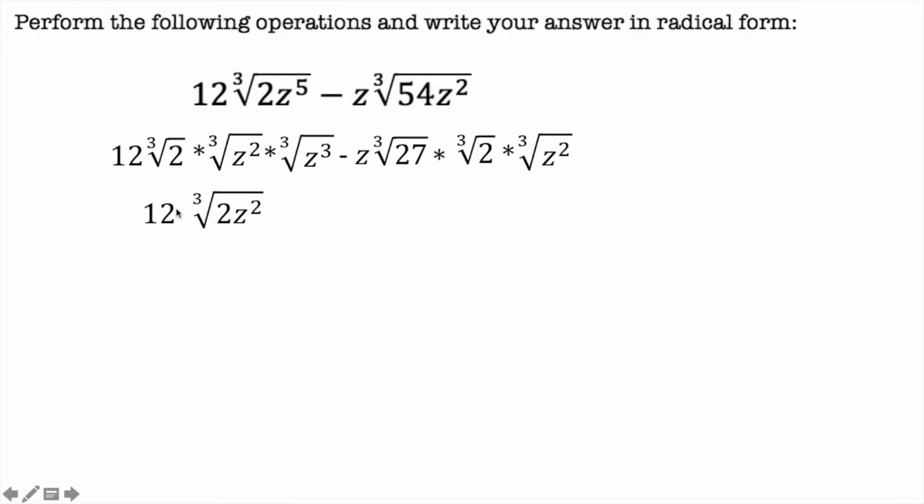So what you're going to do next is 12 cube root of 2, and then we have the 2z squared because there is the cube root of z is z, and this should not be z squared, 2z squared.